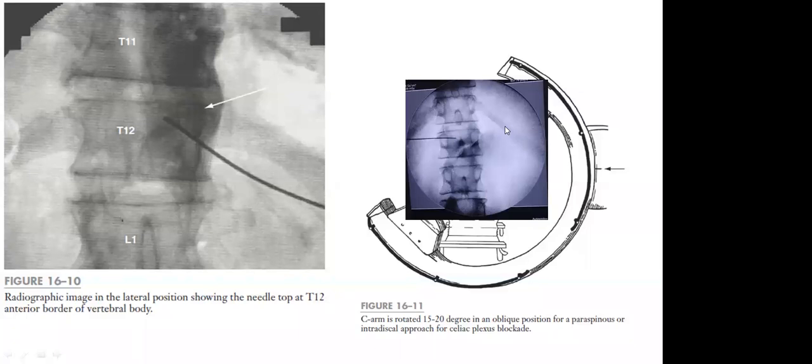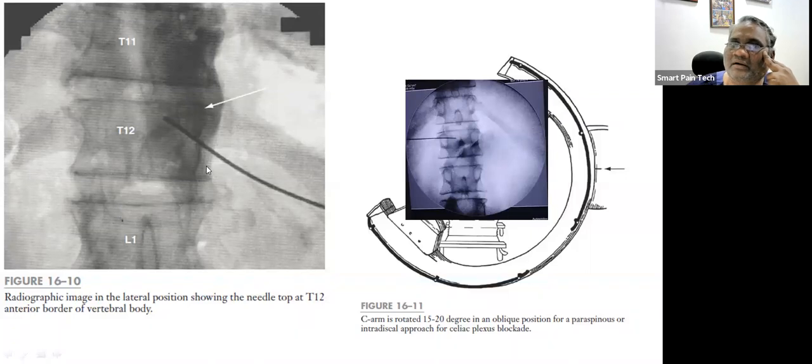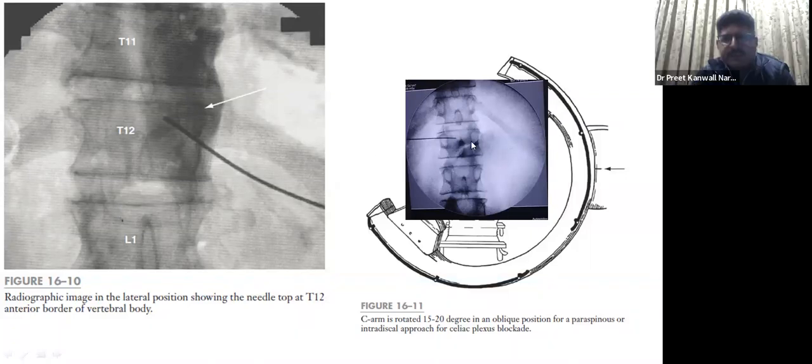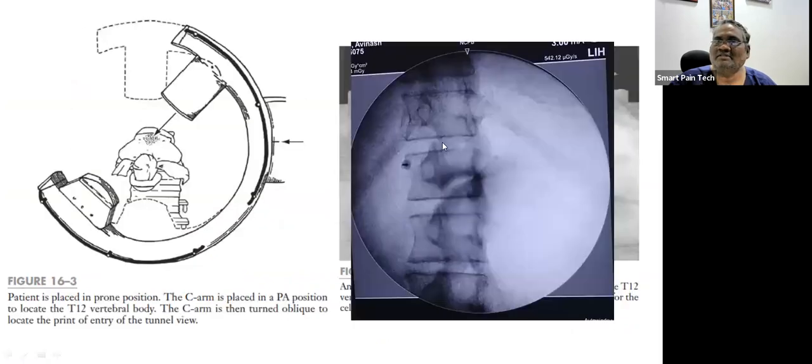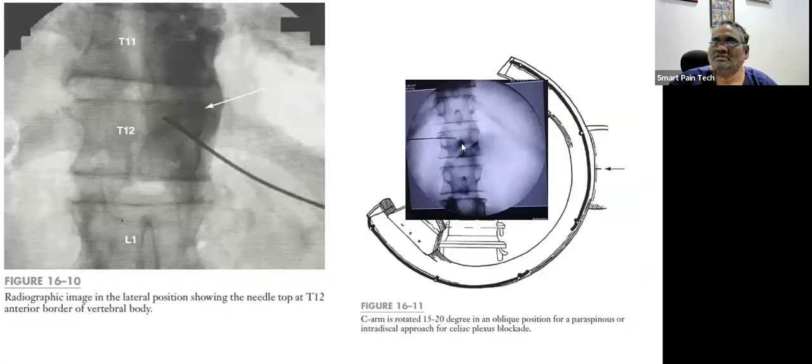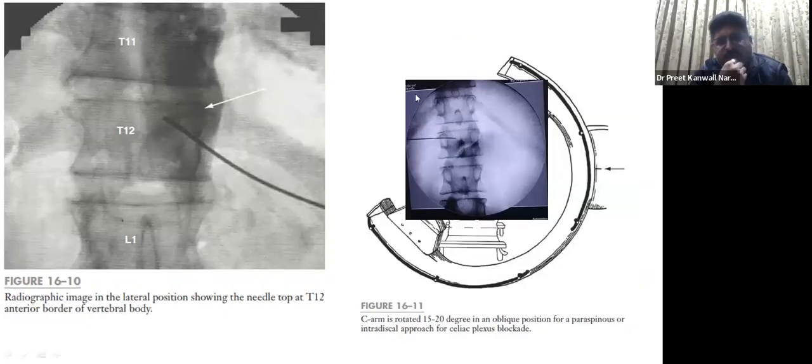Hello. I'm not talking about this diagram. Okay, sir. I'm talking about this diagram. See, if you see this, I'm talking about this diagram. This is my picture. Yes, sir.